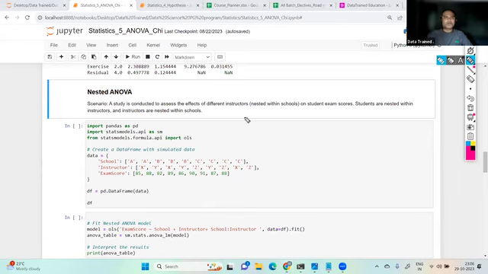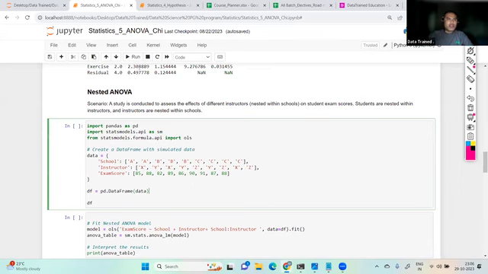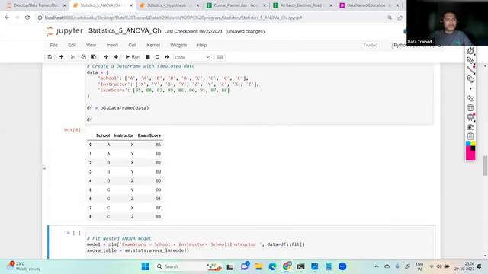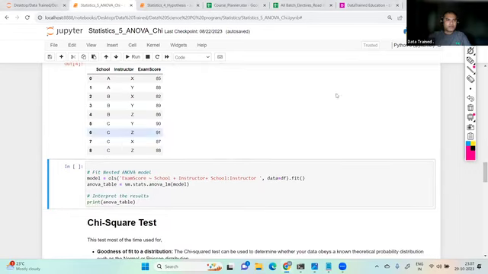So for that, we have school, instructor, exam score, right? So let's go ahead and create a simple data frame here. Fine. So for exam score, we are going to use the same OLS method.